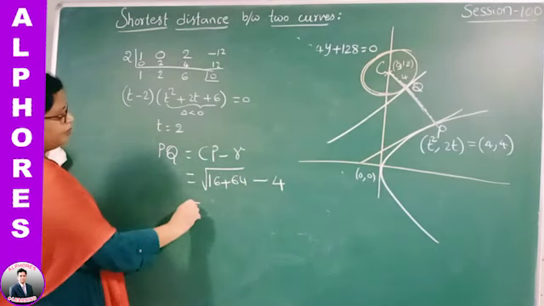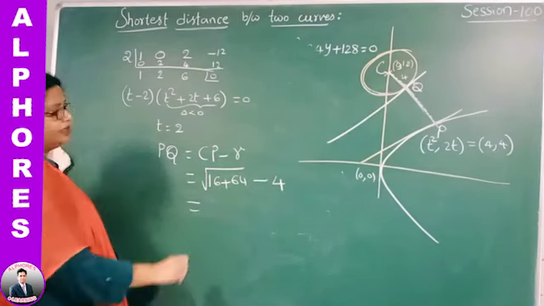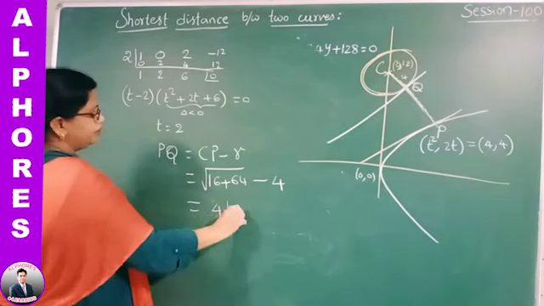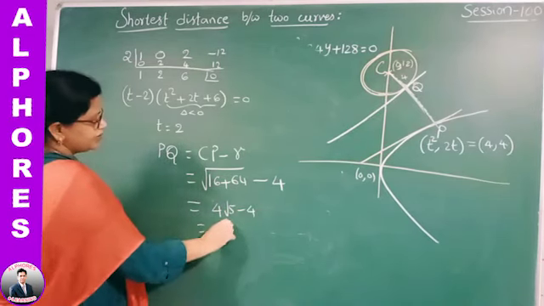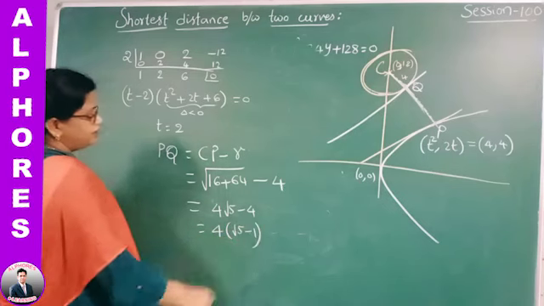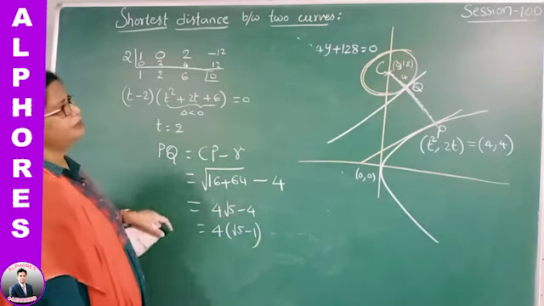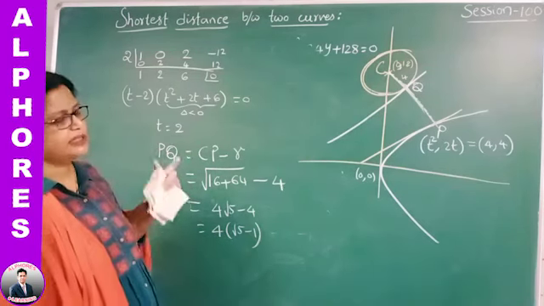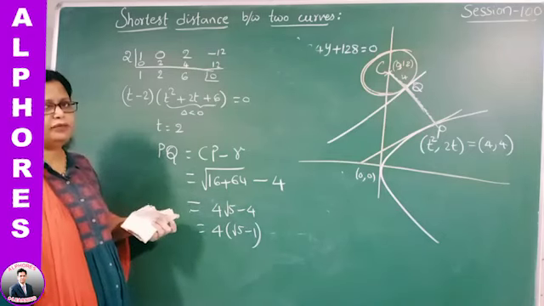And hence whatever this value is, it is 80. 80 means 4 root 5 minus 4. Therefore the shortest distance is 4 into how much? Root 5 minus 1. So in this way you can find the shortest distance between a circle and a parabola.